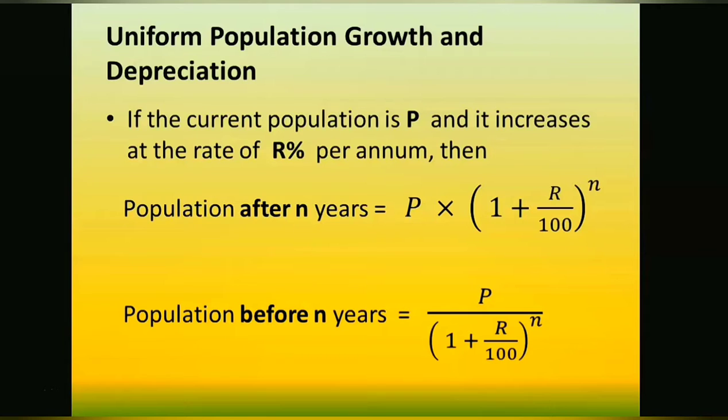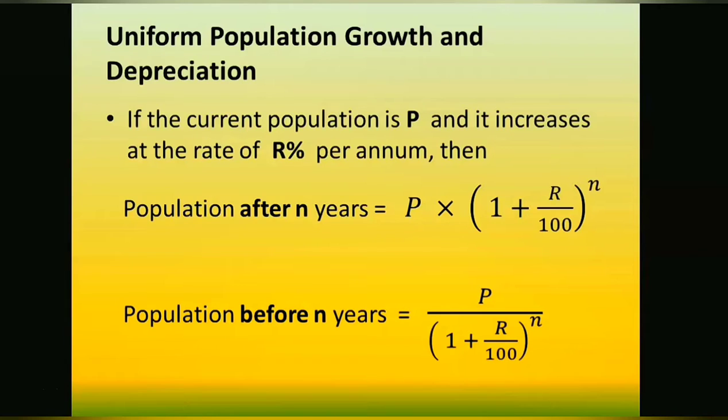So, what does this mean? This means that if P is the current population of the city, let us for example take the current population as 1000, and the population is increasing at the rate of 10% per annum. 10% per annum means every year the population is increasing by 10%.